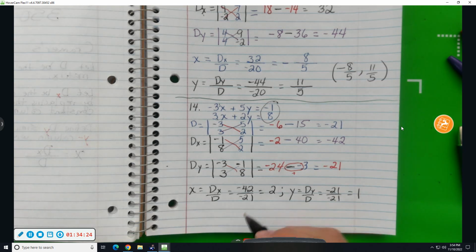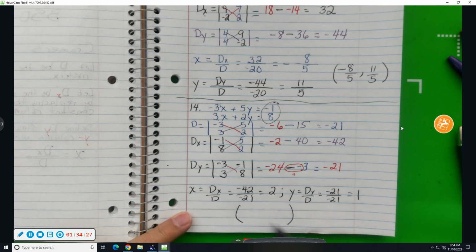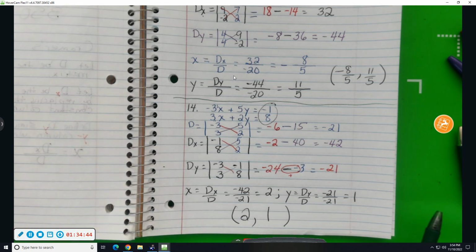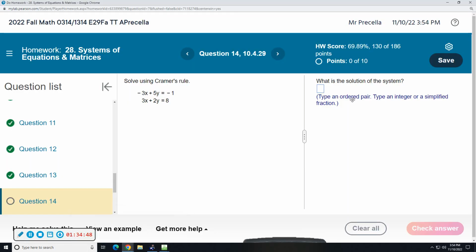Do I have room to write my ordered pair? Yes, you do: (x, y). Number 14 could have been handled pretty nicely with elimination, but number 13, where you have those fractions, give that a try with elimination and see what happens.